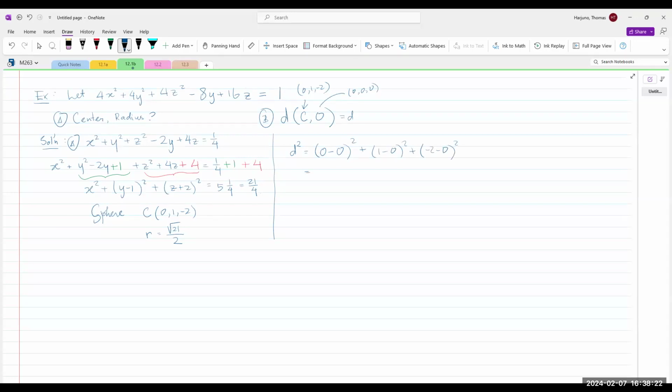That will give us 0 squared is 0, 1 squared is 1, -2 squared is 4. So this is 5. Therefore, the distance from the center of the sphere to the origin is the square root of 5.